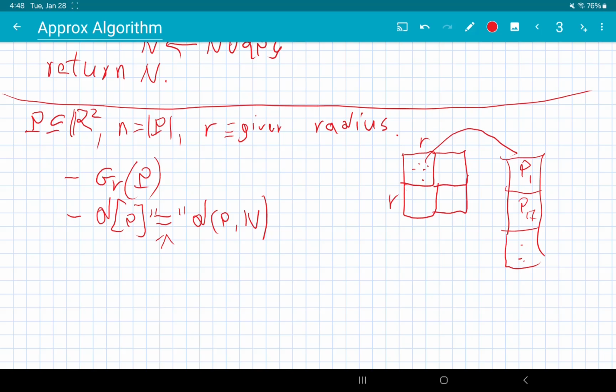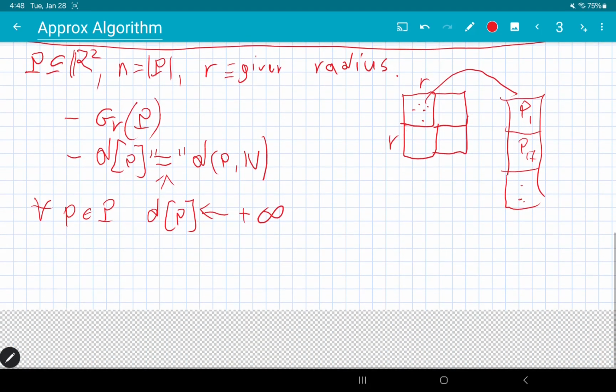So initially, we set d of p of all the points to be larger than R, or conceptually, to be infinity. Initially, everything is large. Let's mark it as infinity. Being further away than R is infinity.